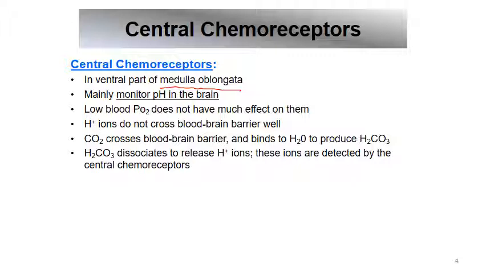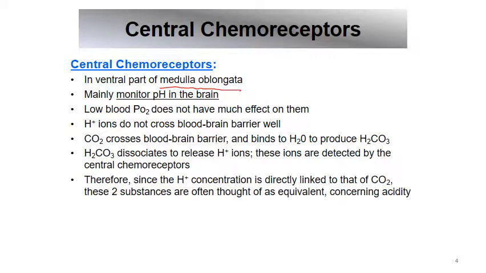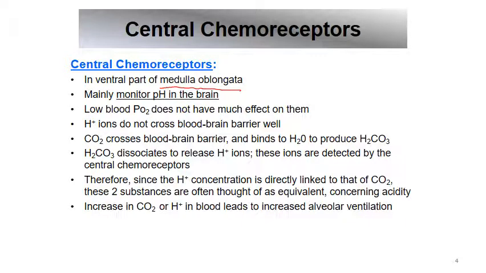It's these hydrogen ions that are detected by the central chemoreceptors. Since the hydrogen ion concentration is directly linked to that of CO2, these two substances are thought of as equivalent. So an increase in CO2 or an increase in hydrogen ions, because they go together, in the blood leads to increased breathing.